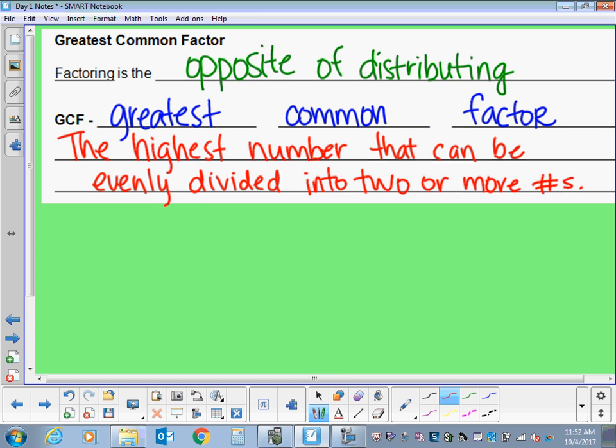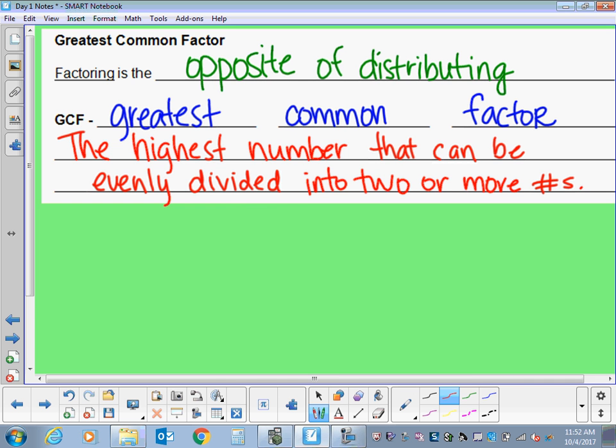So all that means is we're looking for the highest number that can go into all the numbers we're looking at. Highest number that can be evenly divided into two or more numbers.